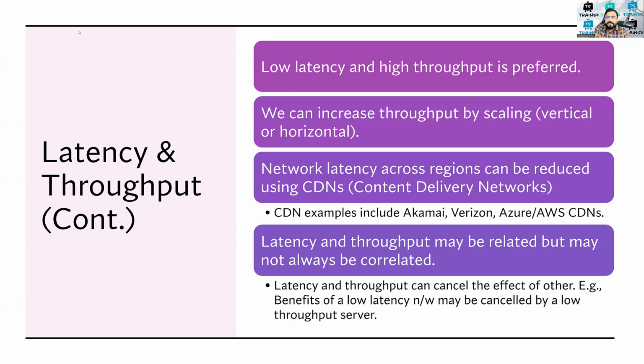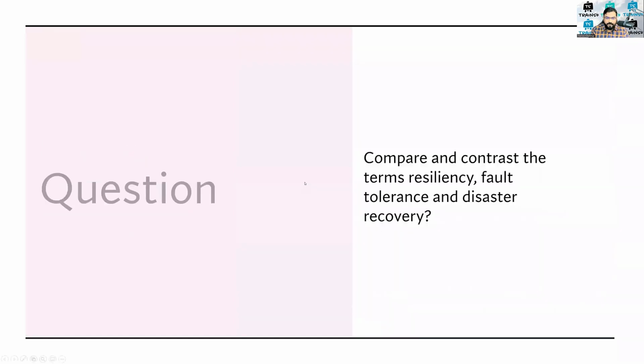Even if the network is of low latency, my request goes to the server and the server will have to process it, and only then will it give me back the response, right? So even if I have made this network a low latency network, if the server has low throughput, effectively that low latency network does not make much sense. Okay, so that is why low latency and high throughput are preferred together.